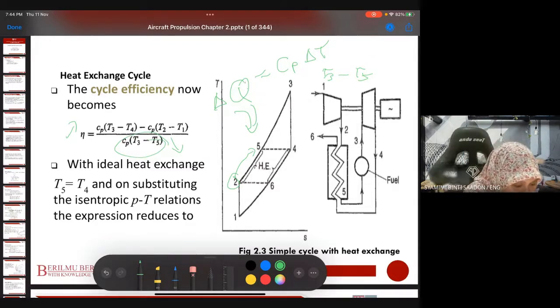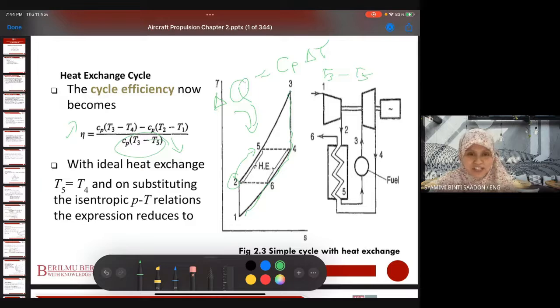This location, until 6, is considered the hot side of the cycle. 3 to 4 or until 6 is the hot side of the cycle, and 1 to 2 and until 5 we consider as the cold side of the gas turbine cycle, okay?